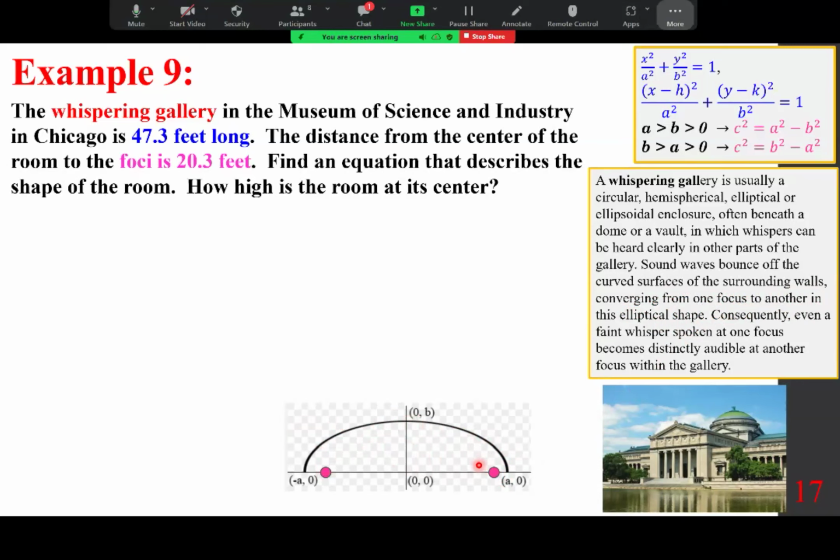That's why it's not just anywhere. If you are at one of the foci or close to it, then somebody at the other focus can hear you. That's the idea. Consequently, even a faint whisper spoken at one focus becomes distinctly audible at another focus within the gallery. So again, if you're standing at focus 1, and somebody's at focus 2, if you whisper, they can hear it because it concentrates the sound waves back.